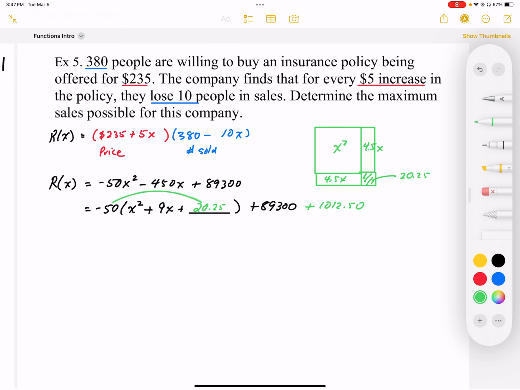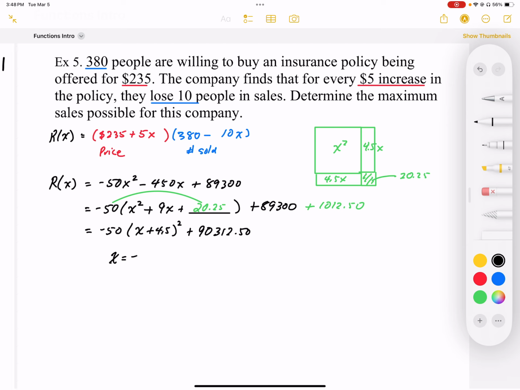Okay, so remember that I have to multiply that out before I balance the equation. So now I'm going to put this into the perfect square form. So it's going to be x plus 4.5 squared plus, and the maximum revenue that I'm going to end up with is $90,312.50. Okay, when I add the outside part of those brackets together.